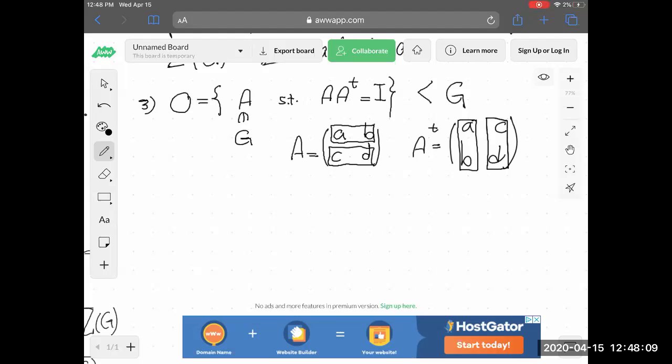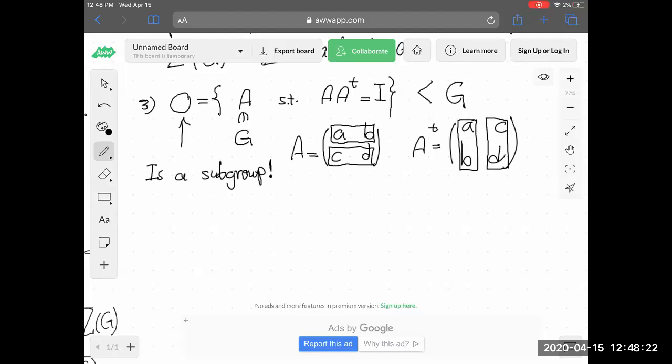We want to show this set is a subgroup. Okay, we can think about that for a few seconds.